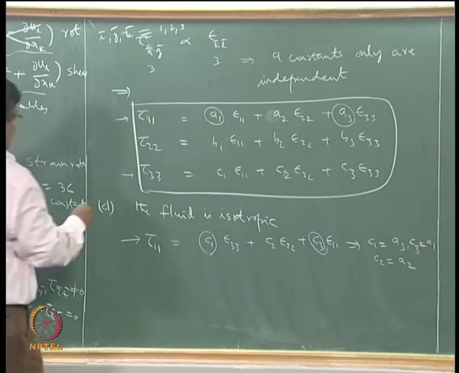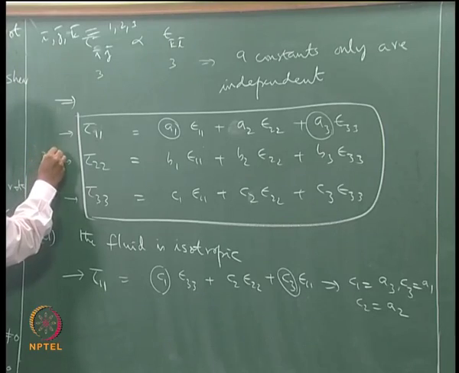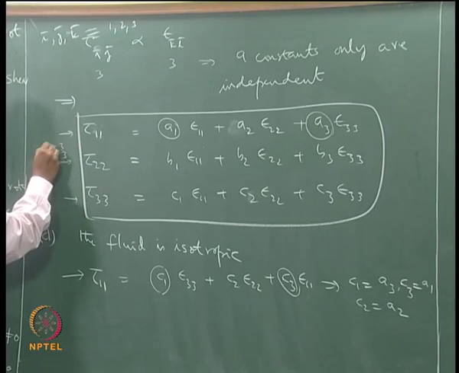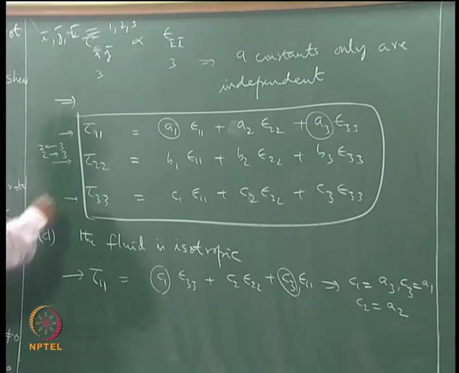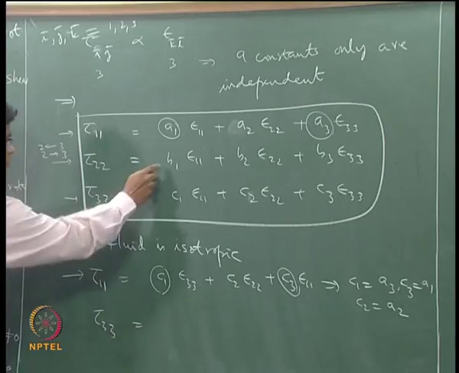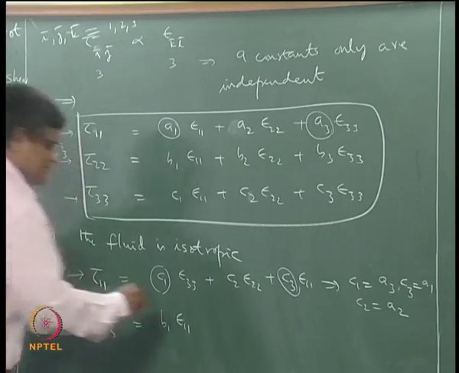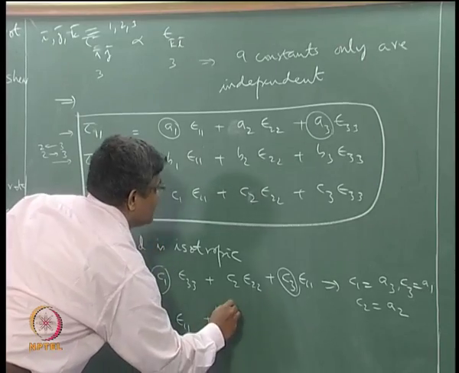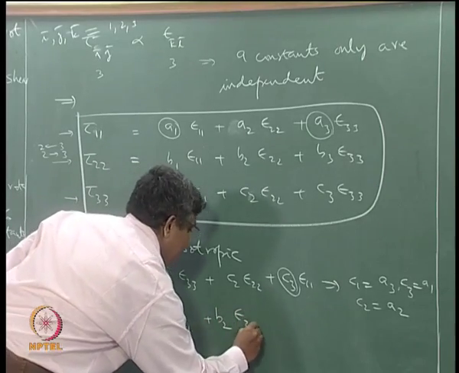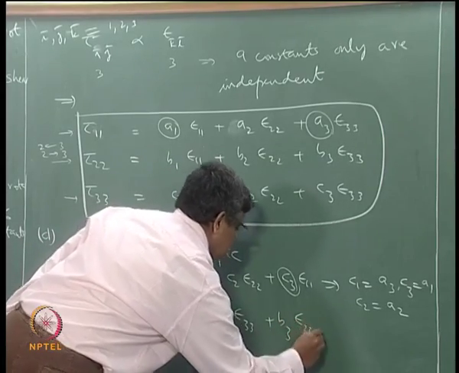Now let us do the shift between 2 and 3, 2 to 3 and 3 to 2 in this equation. So this will give us tau 3 3 equal to B1 epsilon 1 1, 1 is unchanged, plus B2 epsilon 3 3 plus B3 epsilon 2 2.